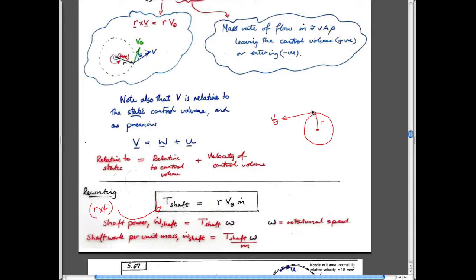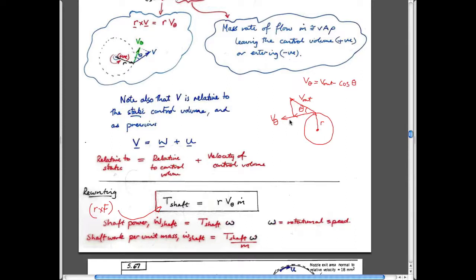For instance, if you had a velocity coming out here at some angle theta, then the component here, if this was V out, V theta would be equal to V out cosine theta.